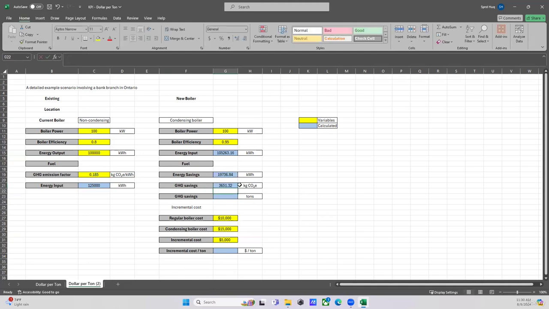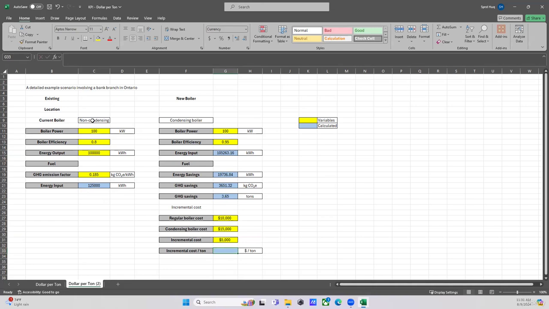So this is the equivalent amount of carbon dioxide emission reduction. Now let's convert from kg of carbon dioxide to tons of carbon dioxide. Simply divide the kg by 1,000 and you get the amount in tons: 3.65 tons.